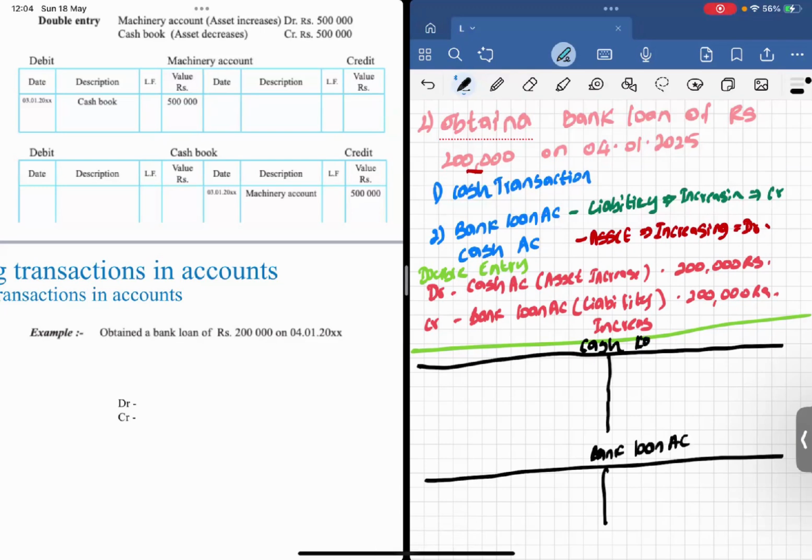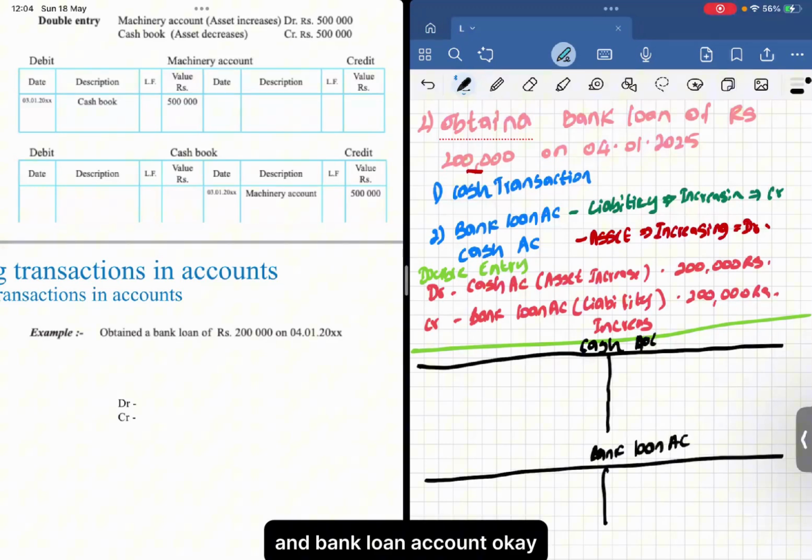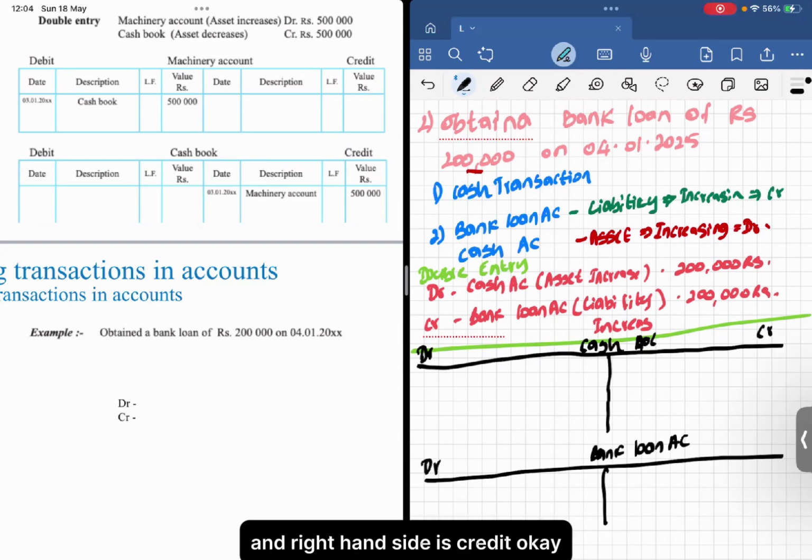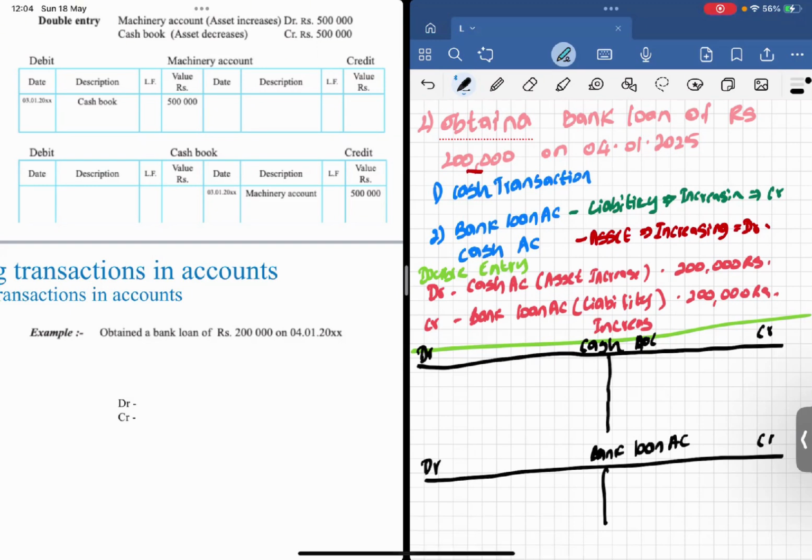I have my left hand side debit and right hand side credit. So the cash account, what has happened? It has been debited.